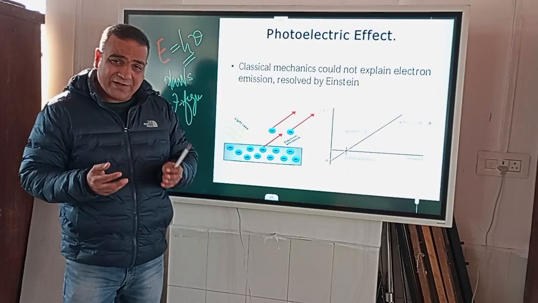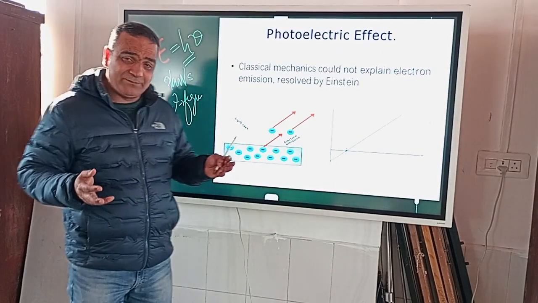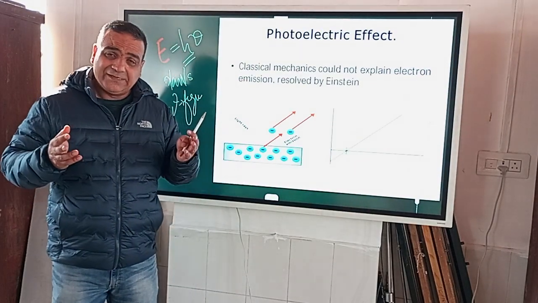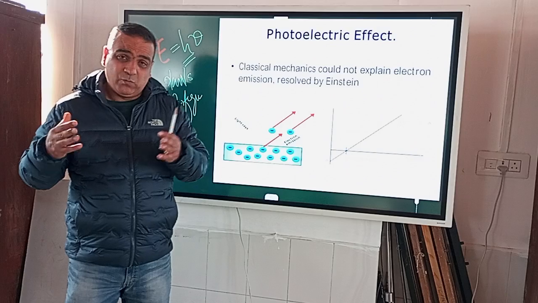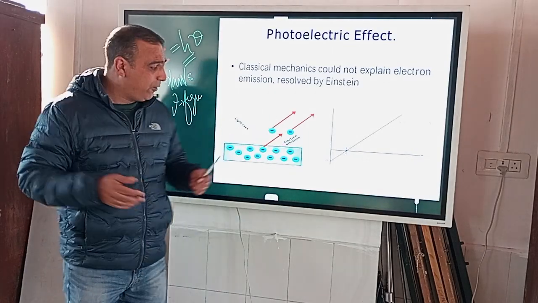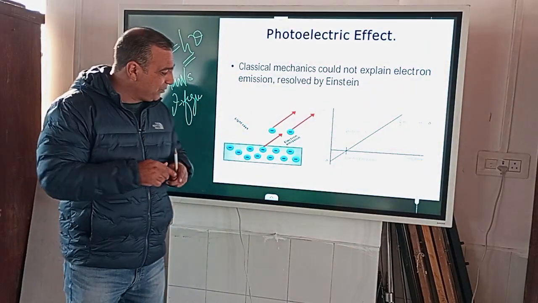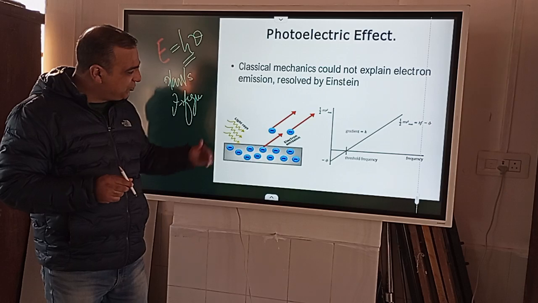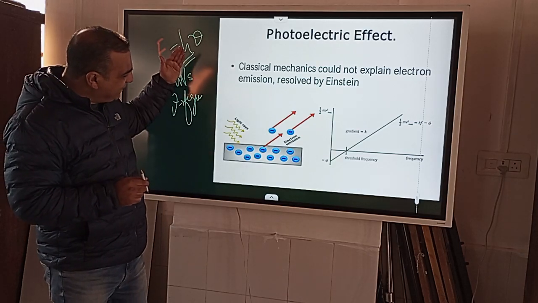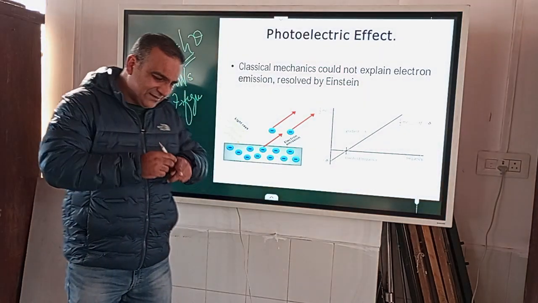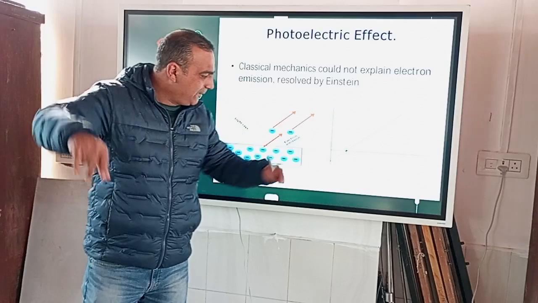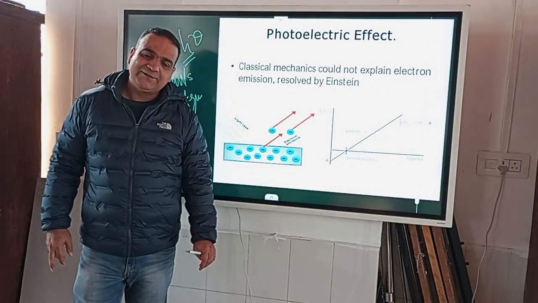And keeping in view at the same time, as I said before, that light in the classical domain is a wave. So if light is a wave, it has a spreading nature. And if it has a spreading nature, then the light that falls on this metal is going to spread over this photosensitive metal.